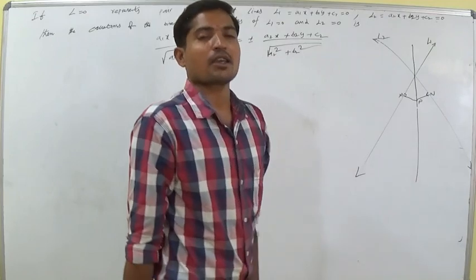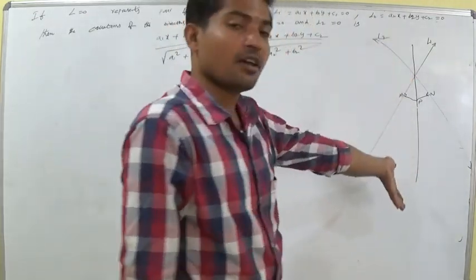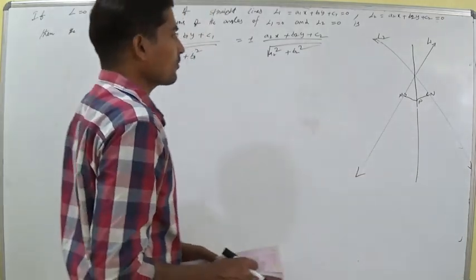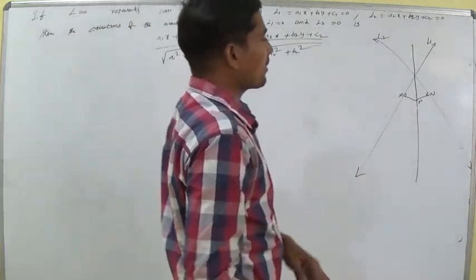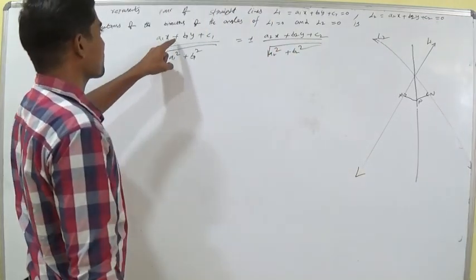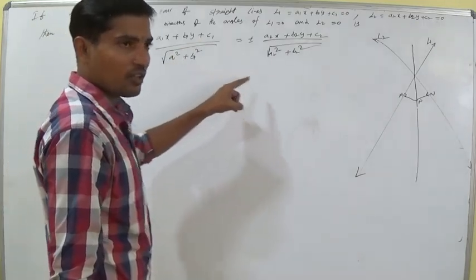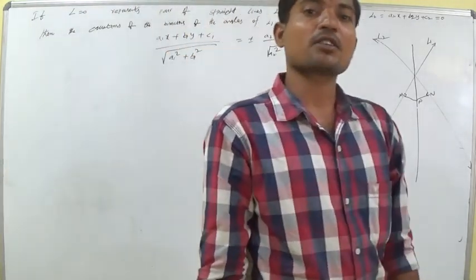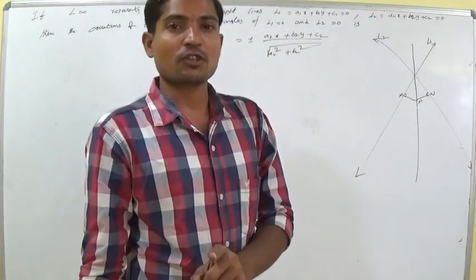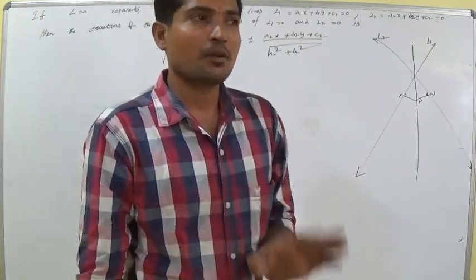That is satisfying the geometrical condition. So the angle bisector is a locus. The equation of the angle bisectors is represented by (a1x plus b1y plus c1) by square root of a1 square plus b1 square equal to plus or minus (a2x plus b2y plus c2) by square root of a2 square plus b2 square.